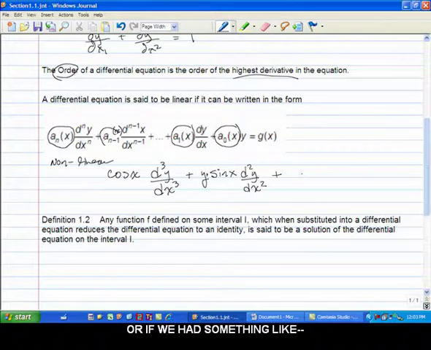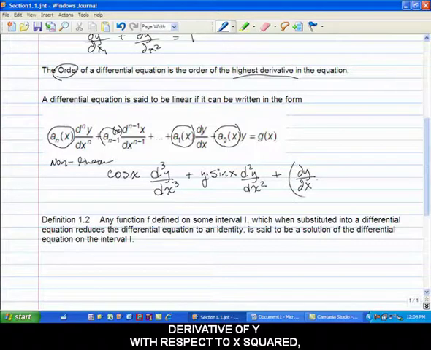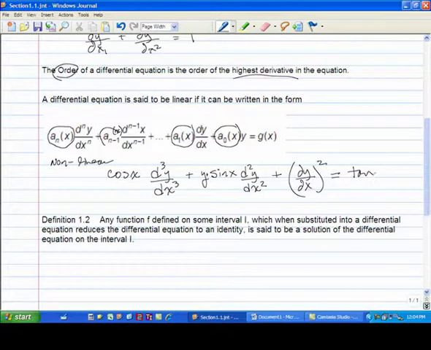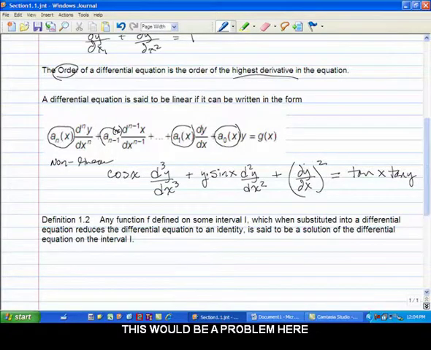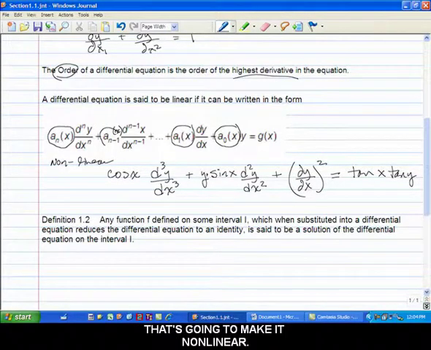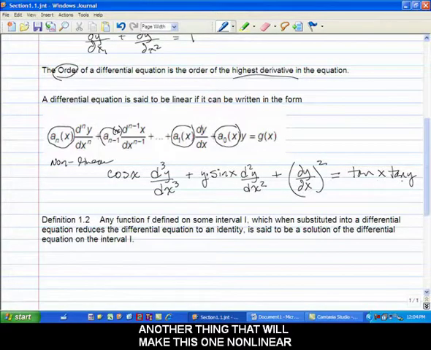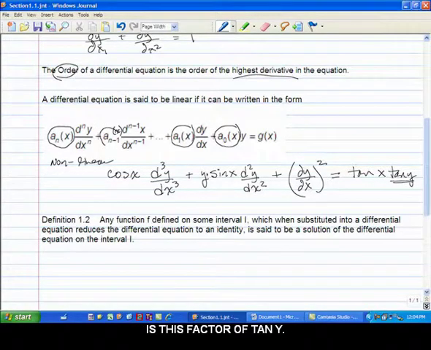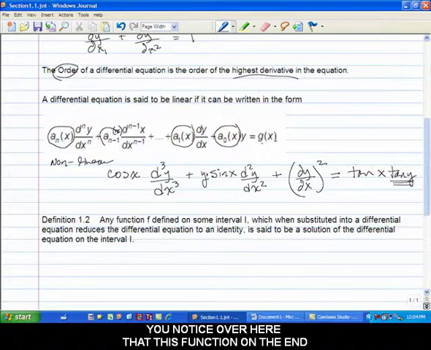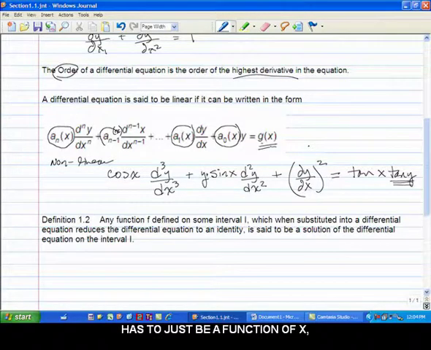Or if we had something like the derivative of y with respect to x squared, this would be a problem because this is a power on the derivative. That's going to make it nonlinear. Another thing that would make this one nonlinear is this factor of tan y. You notice over here that this function on the end has to just be a function of x, so no y's over here.